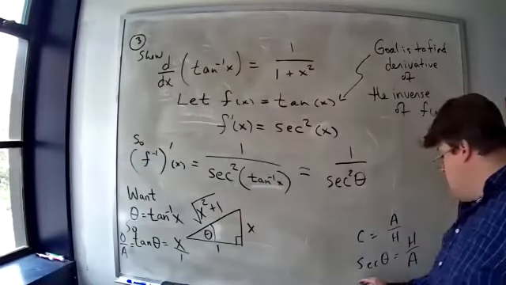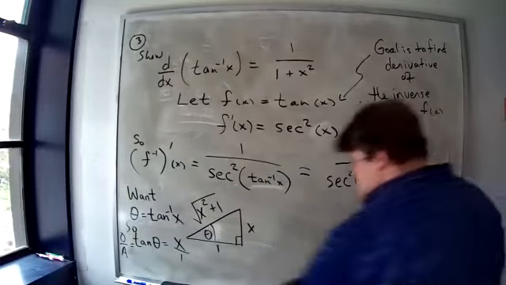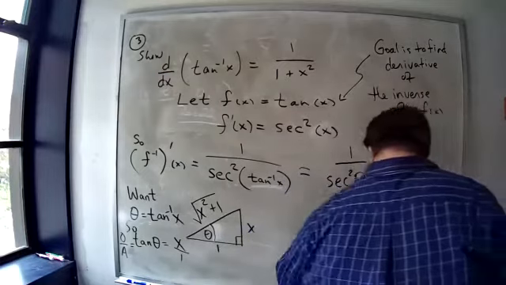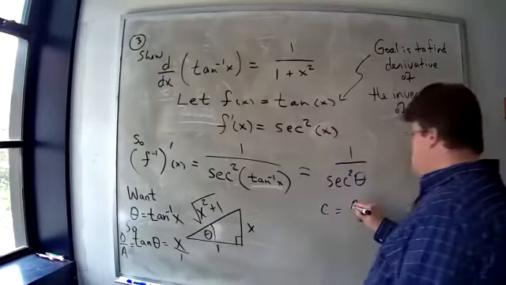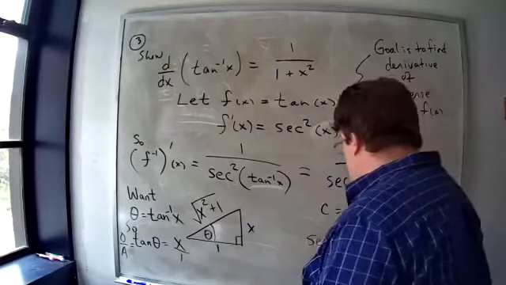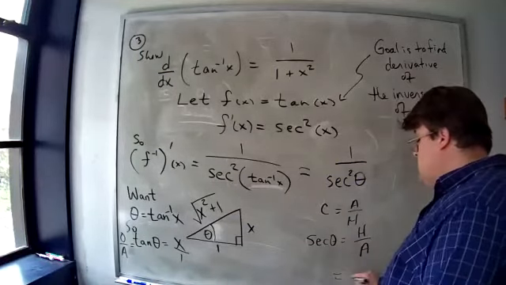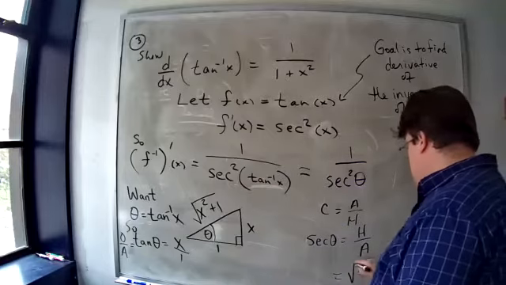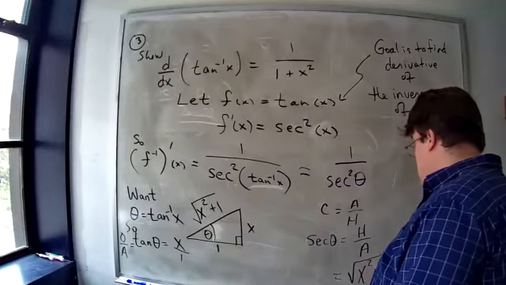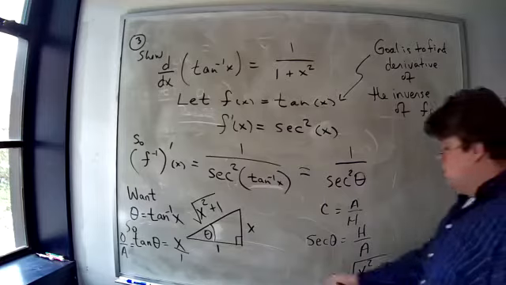So what's secant of theta? I should write this a little higher. Cosine is adjacent over hypotenuse. Secant is hypotenuse over adjacent. So in this case, hypotenuse is root x squared plus 1. Adjacent is 1.